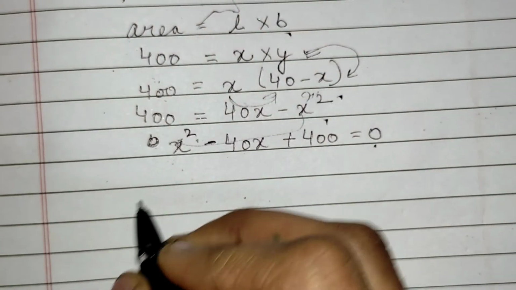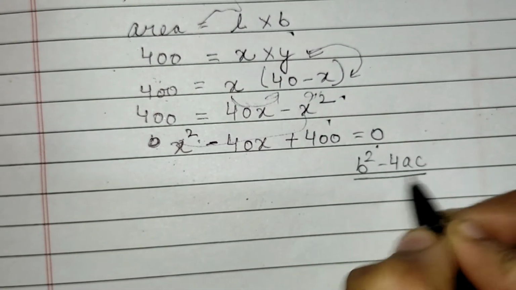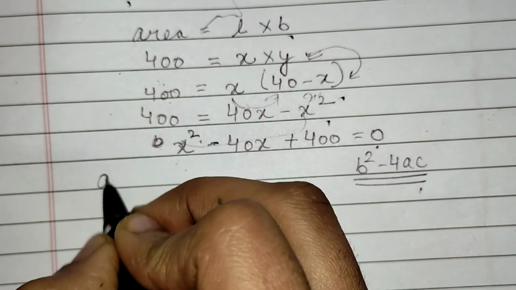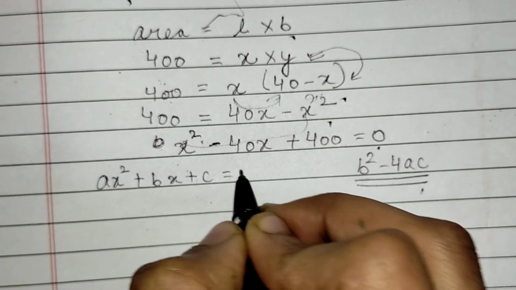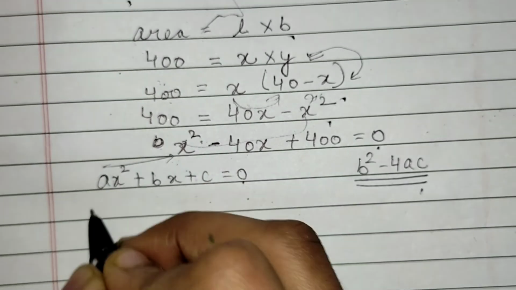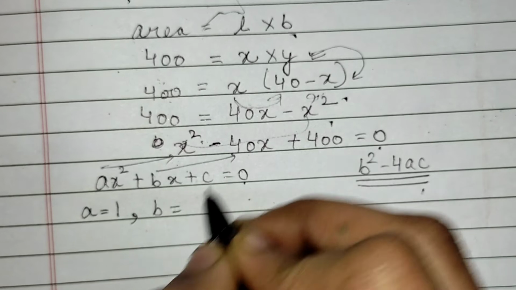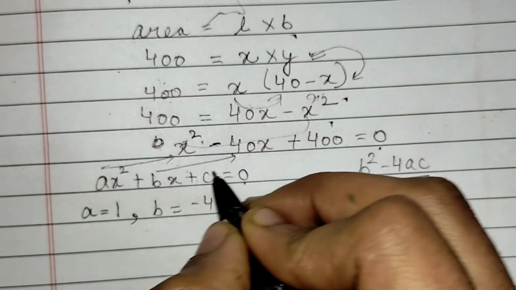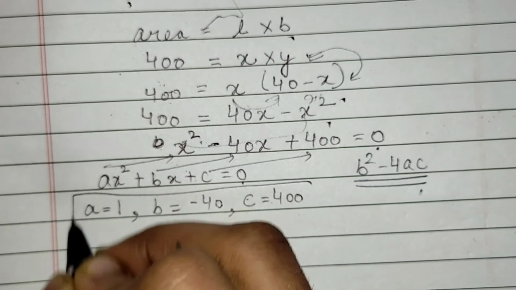So what we have to do next, we have to find out the value of b square minus 4ac. Now find out the values of a, b and c. Okay, so a will be equal to 1, b will be equal to minus 40 and c will be equal to 400.